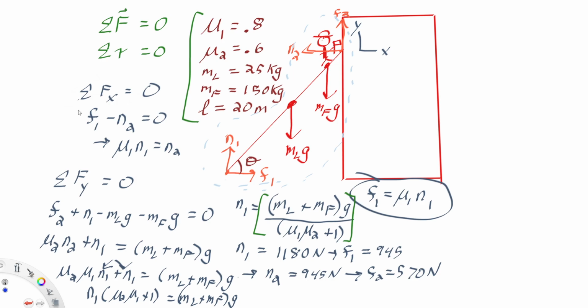So far, we've only done forces. We have to use our other stability condition. So sum of forces has to be 0, but sum of torques also has to be 0. Just inverse tan y over x.